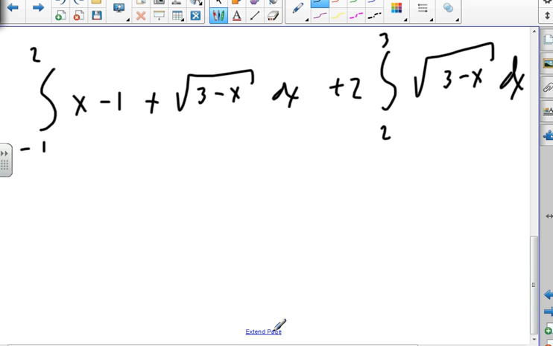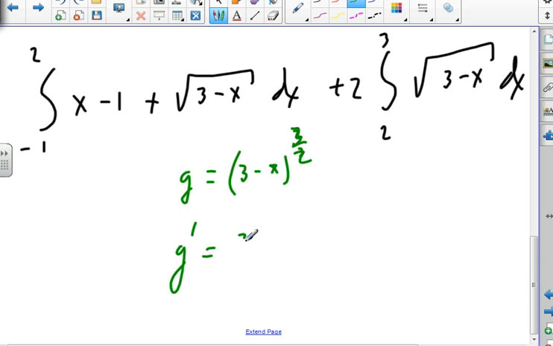Well, that looks like what we have to do. All right, so I got a guess: 3 minus x to the 3 halves. y prime, I take the derivative and I get 3 halves square root of 3 minus x minus 1.